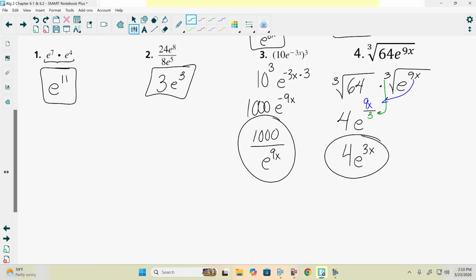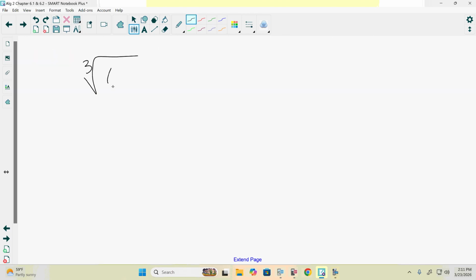I don't know about y'all, but using the graphing calculator, especially finding cubed roots in general, is not necessarily the easiest thing to type in. What would this have been if I wrote the cubed root of 64 as a fractional exponent?